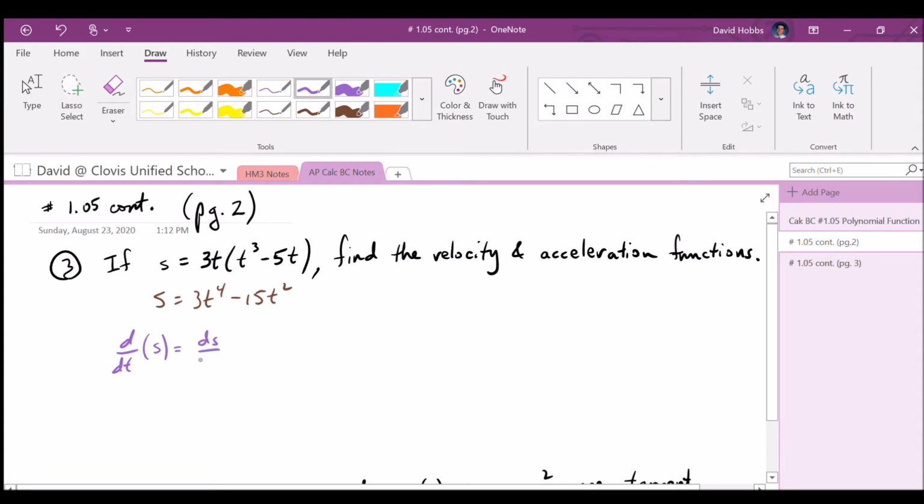So ds dt, or velocity, is the derivative with respect to time of 3t to the fourth minus 15t squared. So I would get 12t to the third minus 30t.